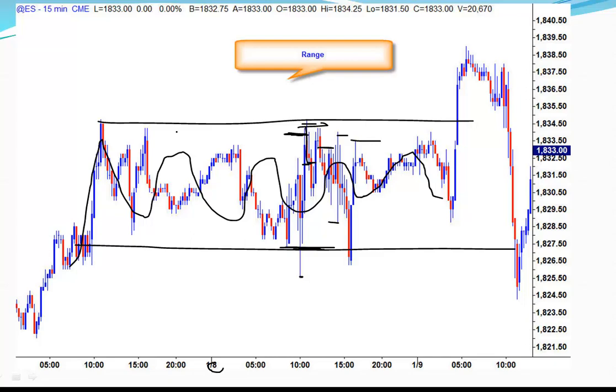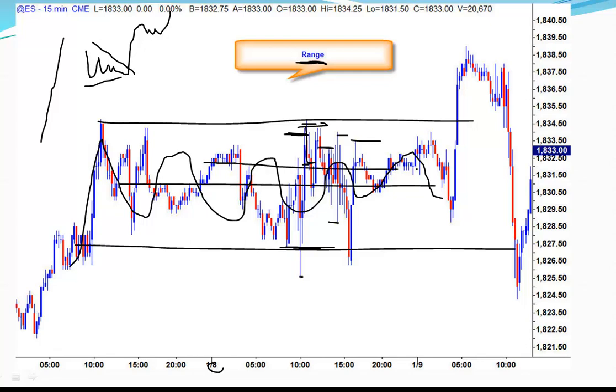So this is a range, and I cannot stress it enough. You have trend and you have range. When markets contract, you have expansion and then you have contraction, okay? Markets end up doing this until they expand again, and then they contract and then expand. When you have this type of environment, you have to be aware of that. So that's called a range.